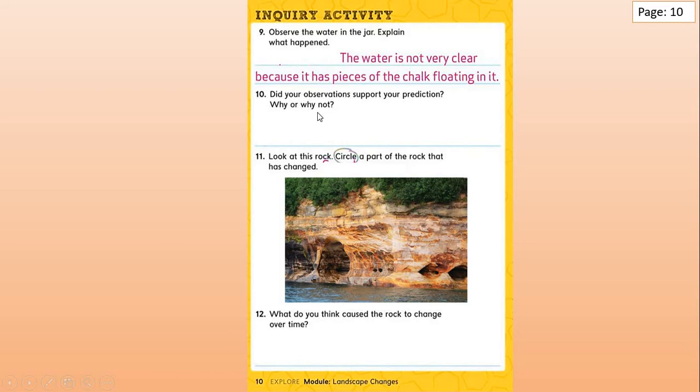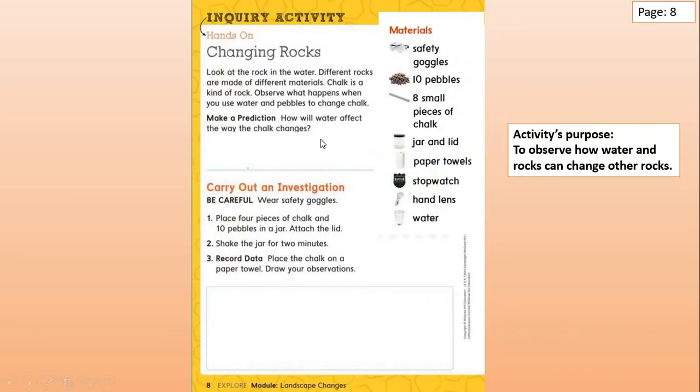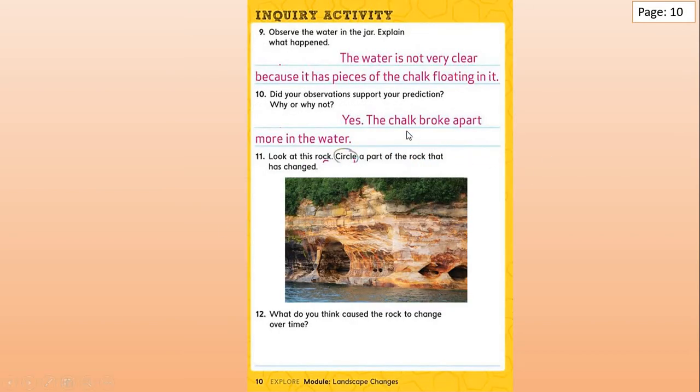Why or why not? Back to your prediction here. How will water affect the way the chalk changes? What was your prediction? For me, I predicted that the chalk will break apart more with water. So, my answer here, yes, the chalk broke apart more in the water.